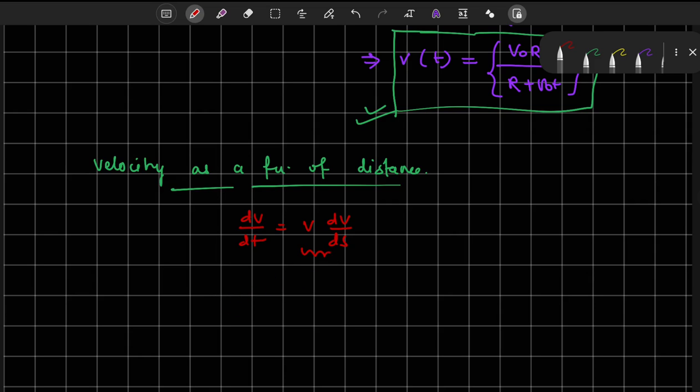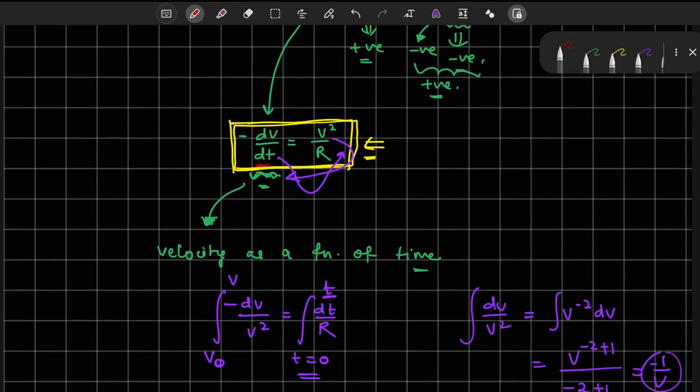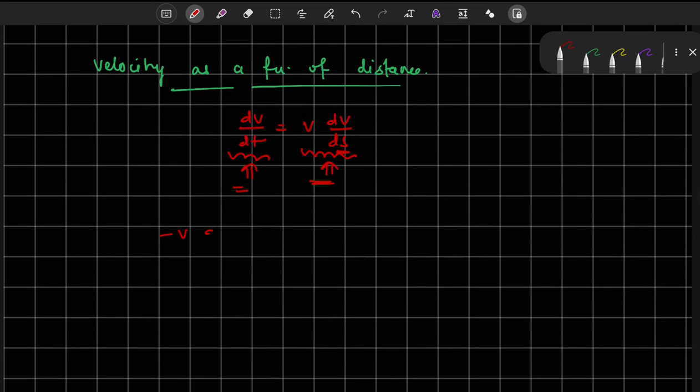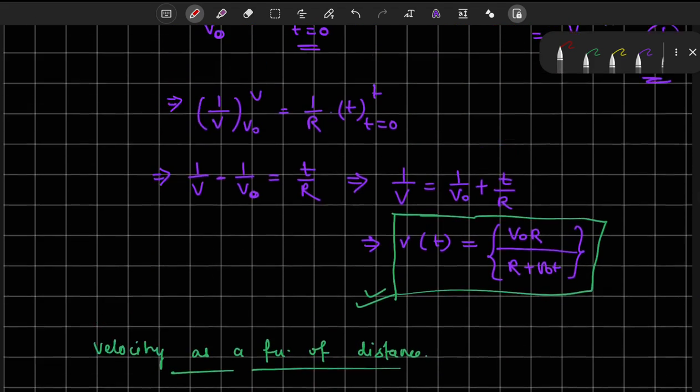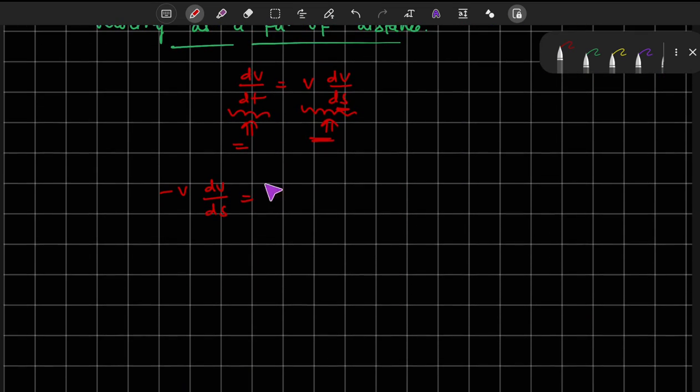So we will use this particular differential instead of this particular differential, because here we are having the expression in terms of ds. Okay. So let us substitute the value of dv upon dt, and we can write minus v dv upon ds is equal to what is in the right hand side, that is v square by r.